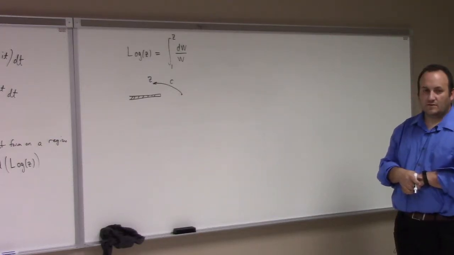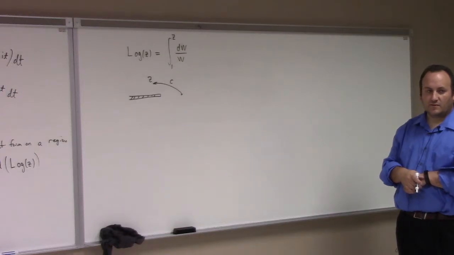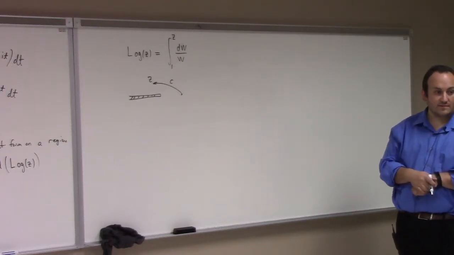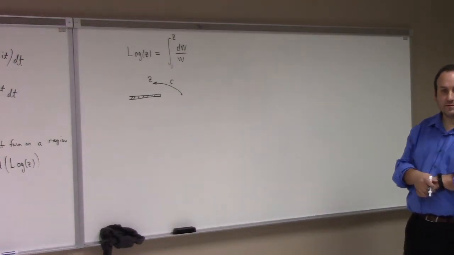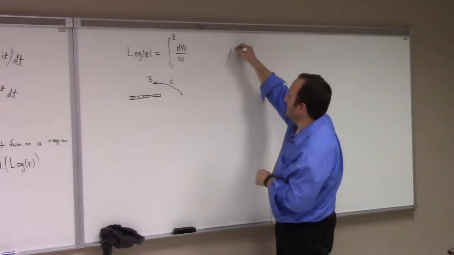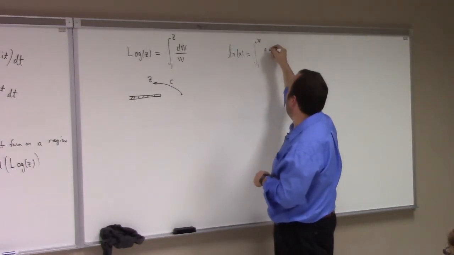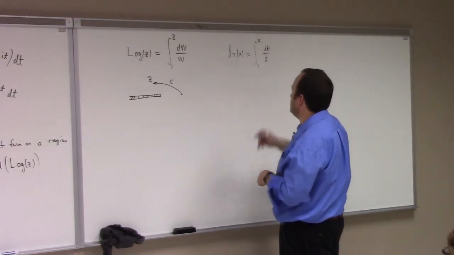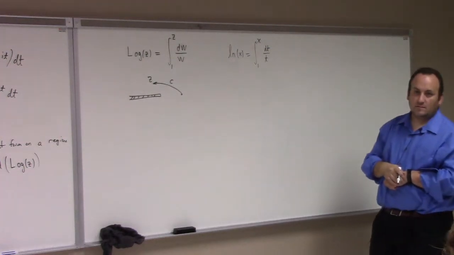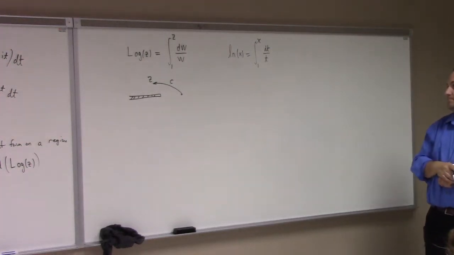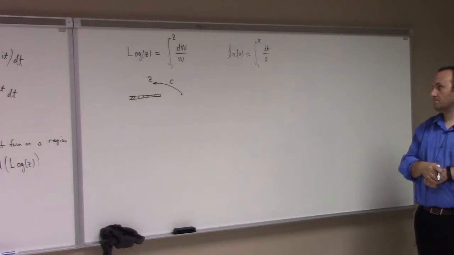So if you took calculus 1 with Dr. Sprano, he probably defined the log as what? The natural log. You may remember natural log. So you can use this to define the natural log, I believe.